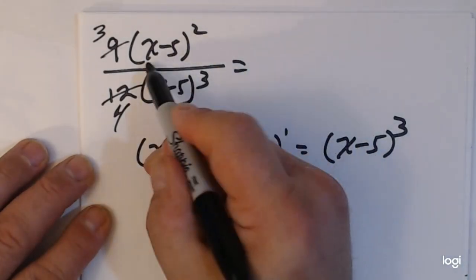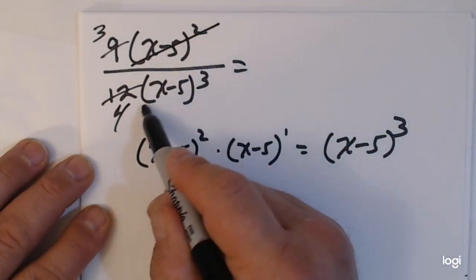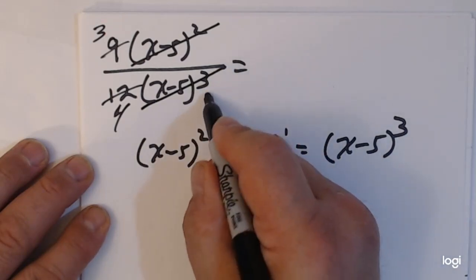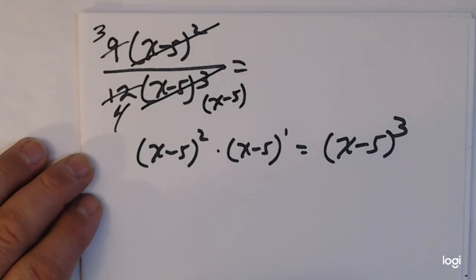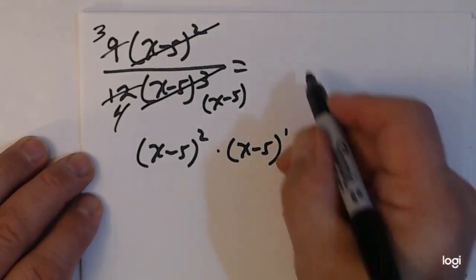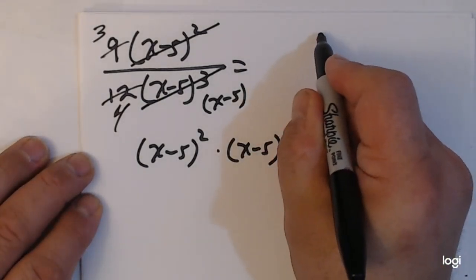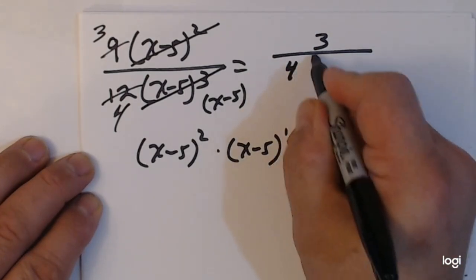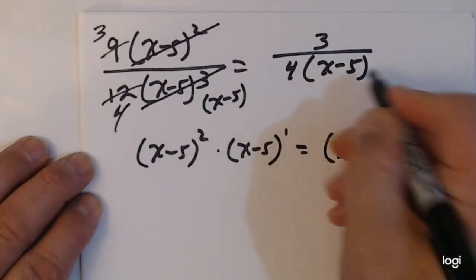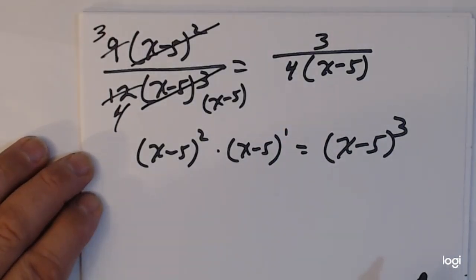So this x minus 5 squared goes into x minus 5 cubed, x minus 5 one time. So this leaves us with 3 over 4 times x minus 5. And that's it. That's all there is to that problem.